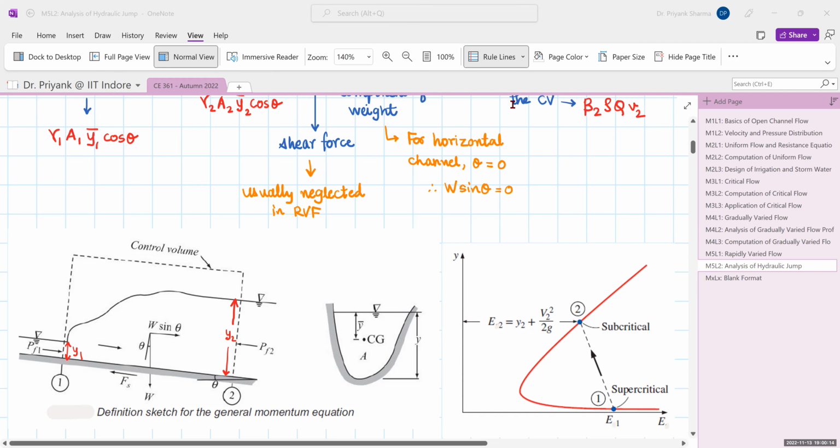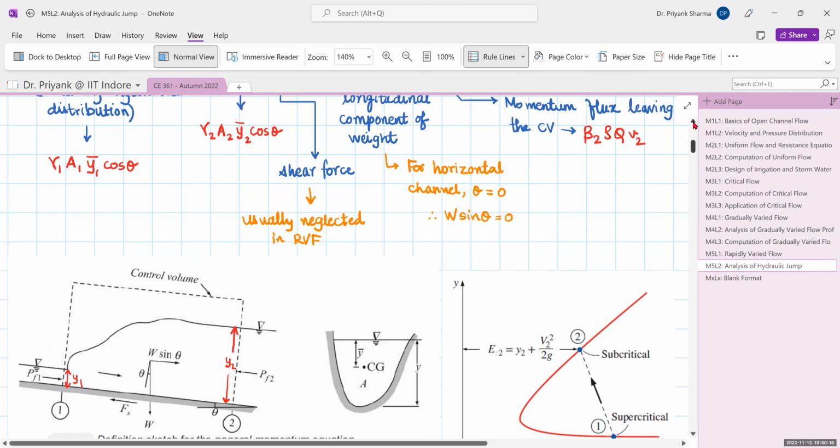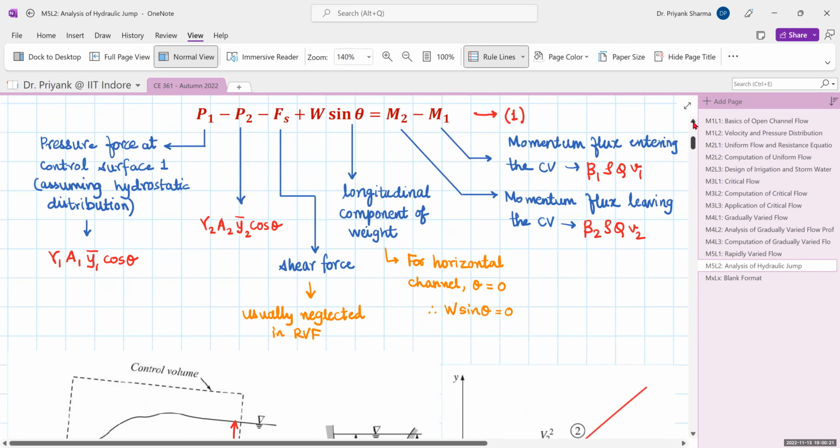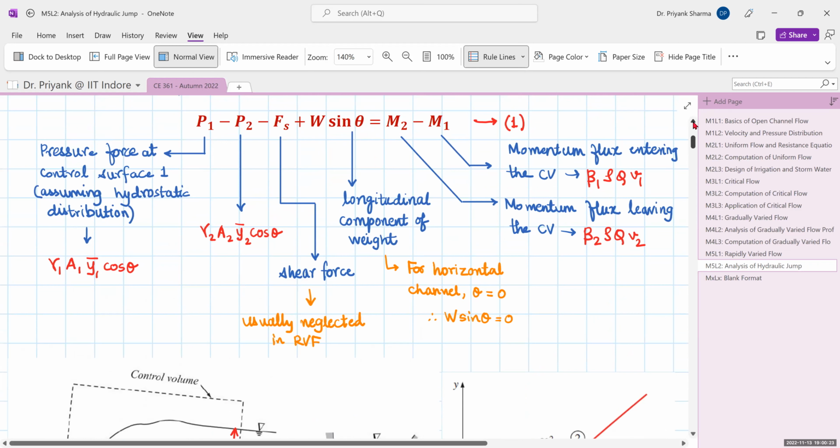Going back to our equation, we have the pressure terms at the control surfaces, which follow a hydrostatic distribution. So it is gamma 1 A1 y1 bar cos theta, and similarly gamma 2 A2 y2 bar cos theta. Now the shear force term.